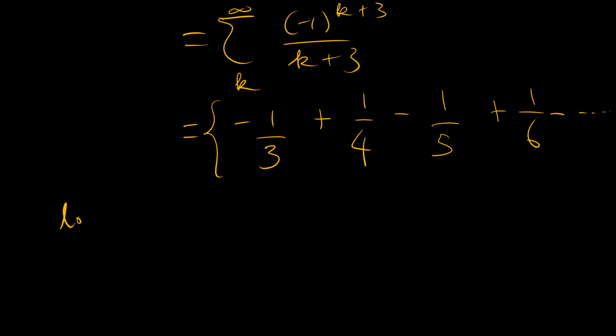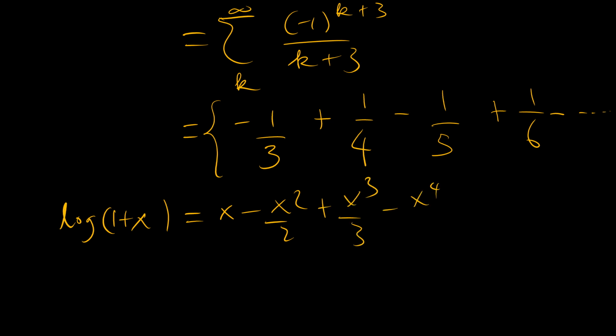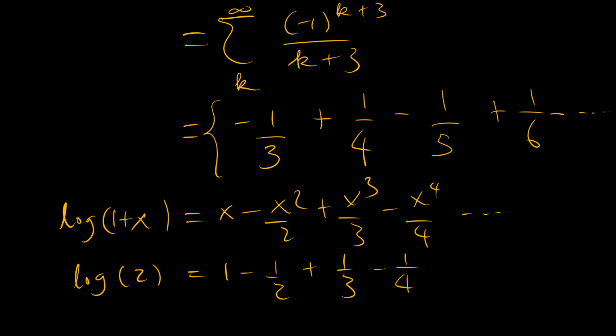But we know the Maclaurin or Taylor expansion of log of 1 plus x is x minus x squared over 2 plus x cubed over 3 minus x to the power 4 over 4 and so on, such that log of 1 plus 1, which is log 2, is equal to 1 minus a half plus a third minus a quarter, and so on.